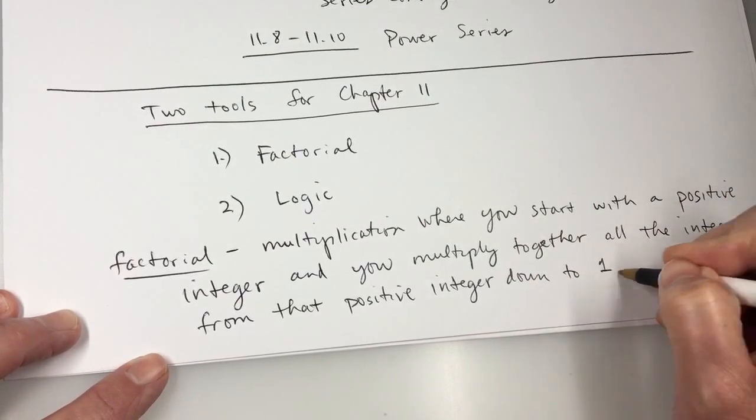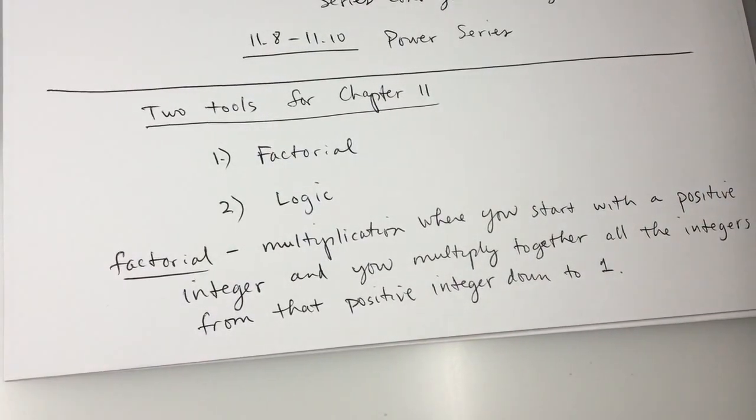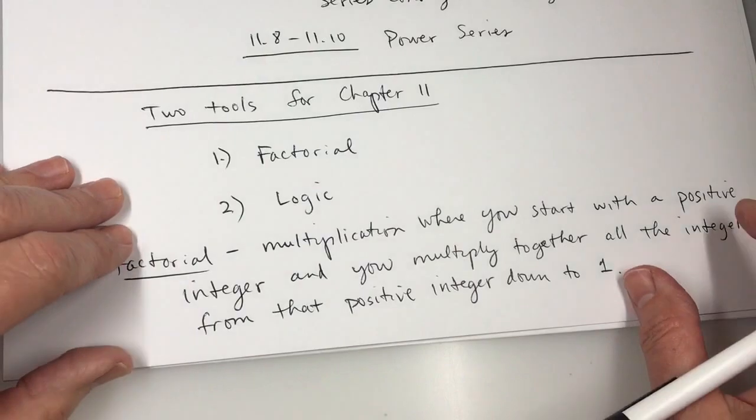So maybe I could say it, you multiply the integers that are between 1 and the number you're doing the factorial of, inclusive. You can include 1 and include the number you're doing the factorial of.